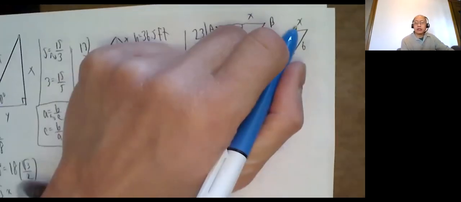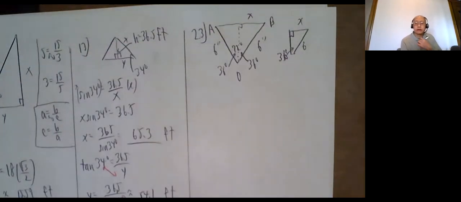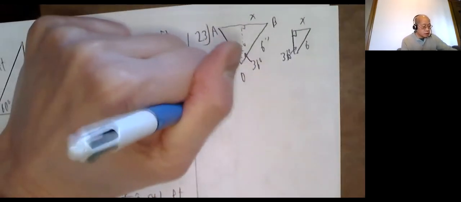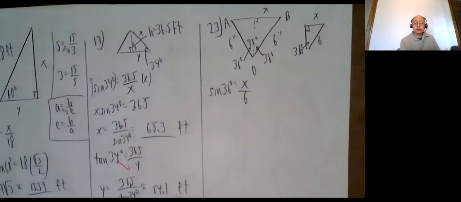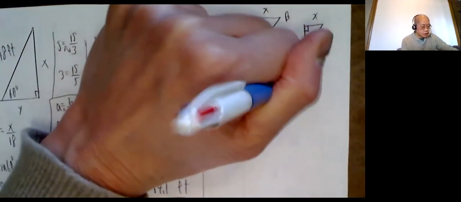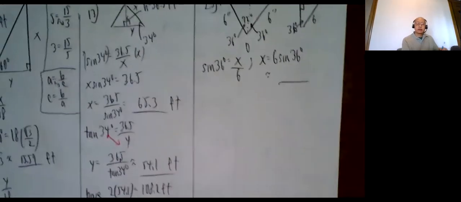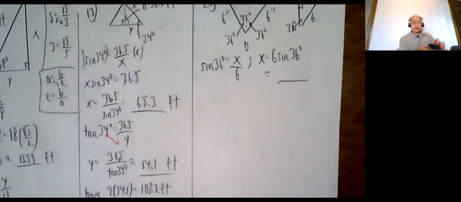All right, opposite side, hypotenuse. Which trig function is opposite and hypotenuse? Sine. Sine of 36 degrees is opposite over hypotenuse. Multiply both sides by 6. X is 6 sine 36 degrees, approximately.